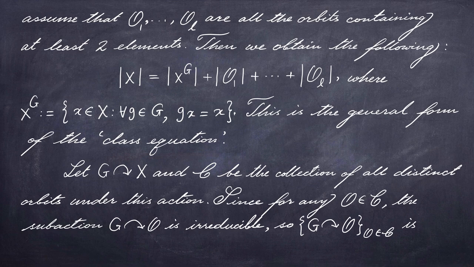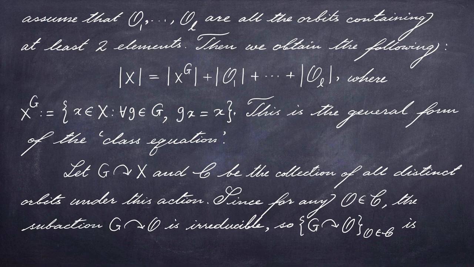The class equation in the context of action on finite sets is quite an important concept, and it happens to be instrumental in the proof of several results in finite group theory, which we will encounter very soon. All right. So this is all we obtain when the set is finite.